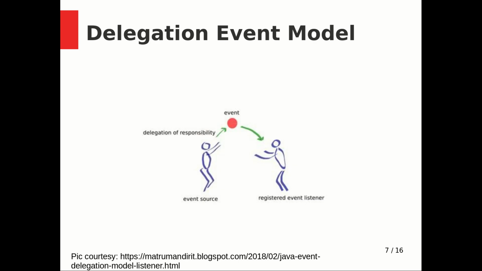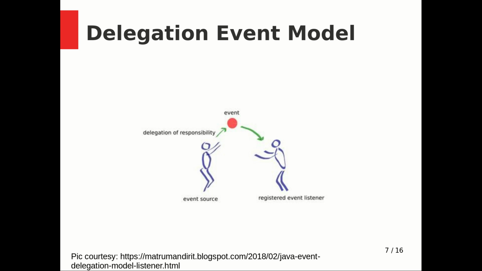Delegation event model. This is the one that Java uses to handle events. We have an event source, we have an event, and we have an event listener, and once the event source causes an event, the responsibility of handling that event will be delegated to the event listener.